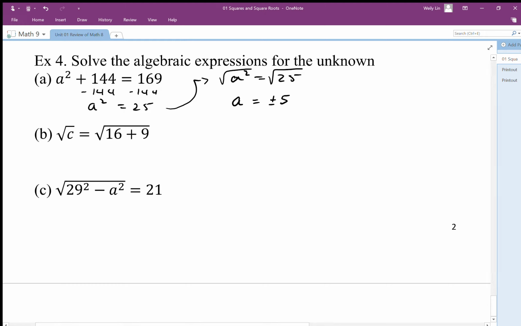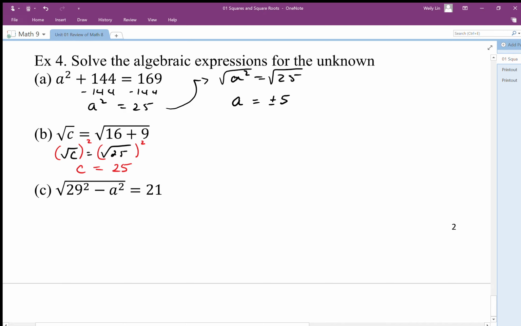So here we have square root c is equal to 16 plus 9. First thing I'm going to do is add those together. And to undo a square root, to find c, I need to square both sides. So when I square root c, I get rid of the square root. Square and square root undo each other, so I end up with 25.